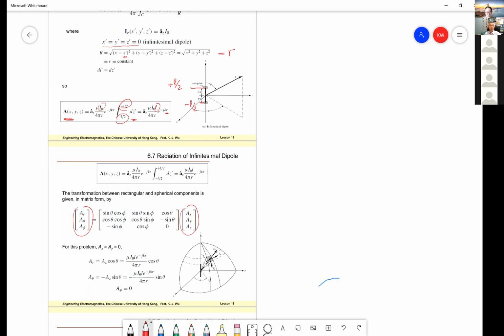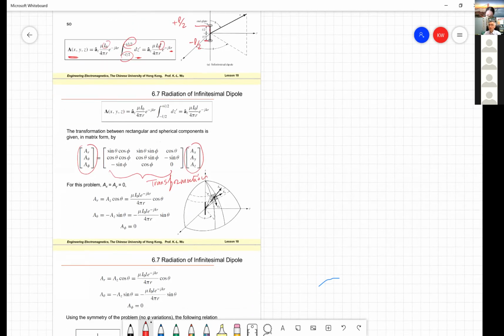We discussed this before, right? So I said you don't need to remember. I can give it to you, or you can find it in the textbook. This is the transformation. We translate the vector potential function in the Cartesian coordinate system into the spherical coordinate system.